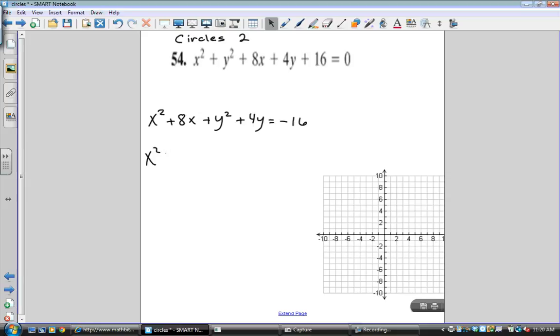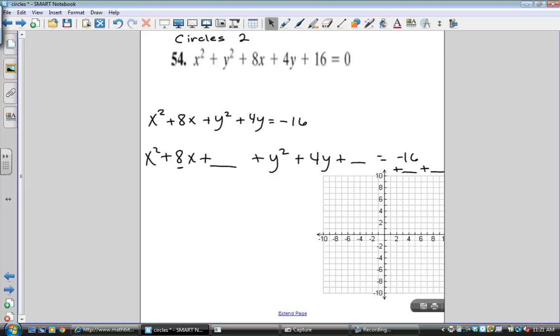So we'll go x squared plus 8x plus, and then we'll complete the square here in just a second, and then plus y squared plus 4y plus, there again, something to complete the square, equals negative 16. And whatever I add on the left side to complete the square, I'll also have to add on the right side.